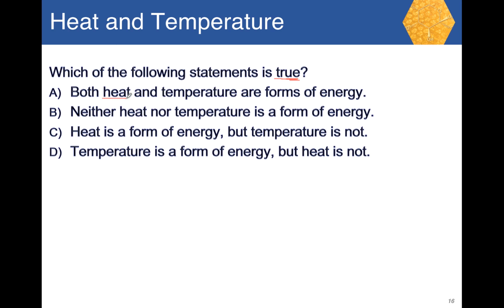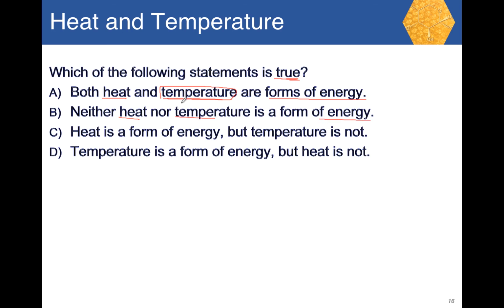Both heat and temperature are forms of energy. That may be a little problematic here because we know that temperature is just a measure of how hot or how cold. Neither heat nor temperature is a form of energy.